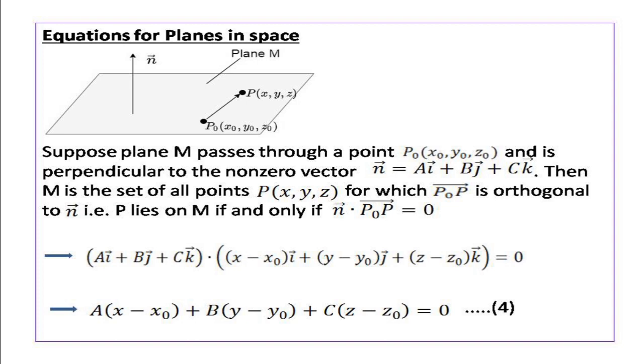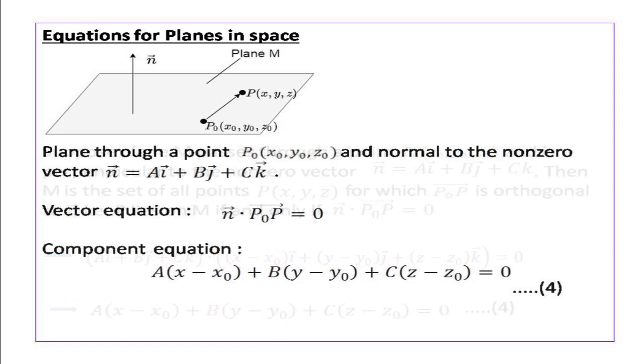a into x minus x naught plus b into y minus y naught plus c into z minus z naught equal to 0, which is the equation of the plane passing through the point x naught, y naught, z naught perpendicular to vector n equal to a vector i plus b vector j plus c vector k.